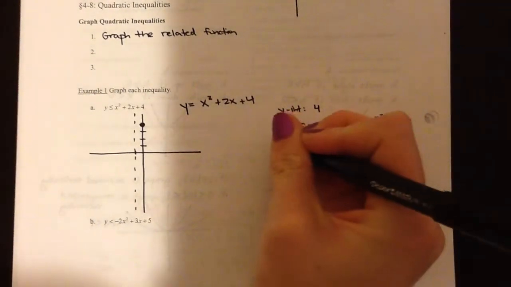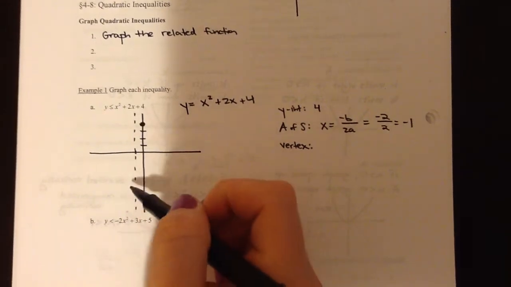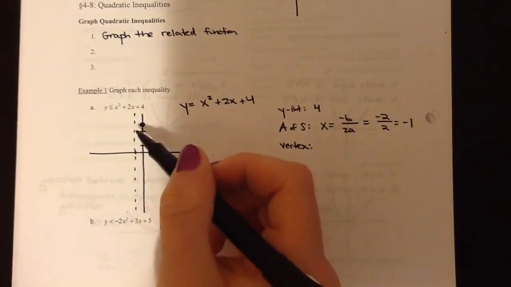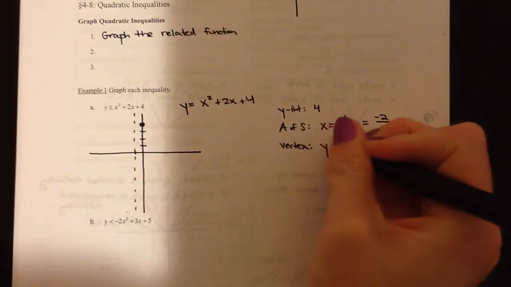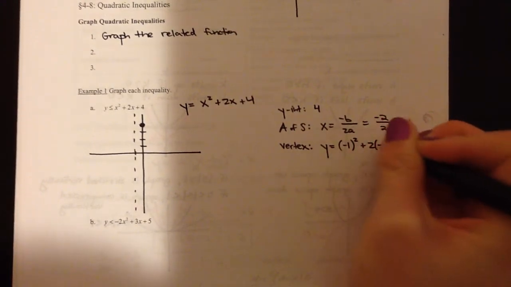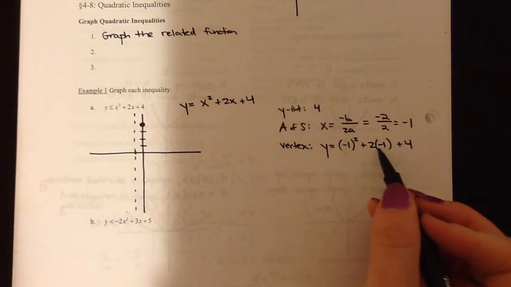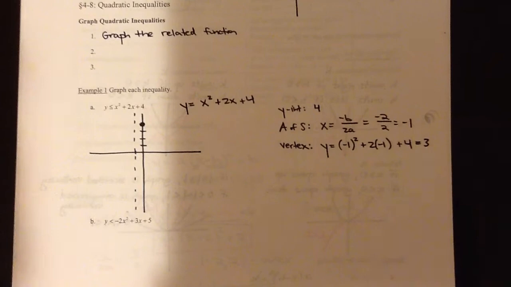All right, and then the last thing I'm going to plot is the vertex, and the vertex is the point that sits right on this line. So in order to find the point that sits right on this line, I need to plug in this x value. This x value is a negative 1. So y equals negative 1 squared plus 2 times negative 1, and then plus 4. So this is 1 minus 2, which is negative 1, and then plus 4, which gives me 3.